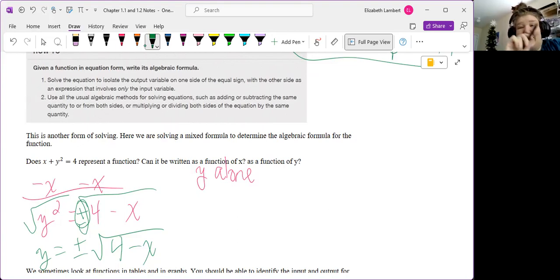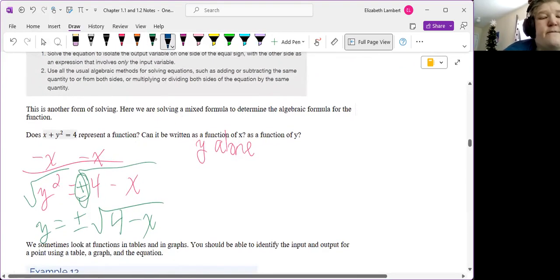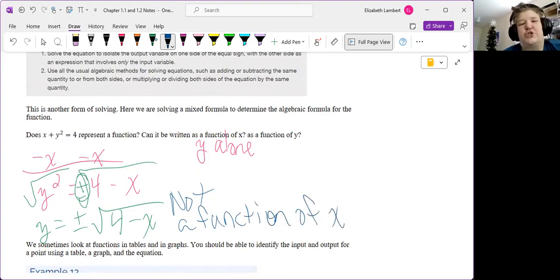That is a problem. That is not a function. So this cannot be written as a function of x. Is it a function of y? I don't know. Let's see.